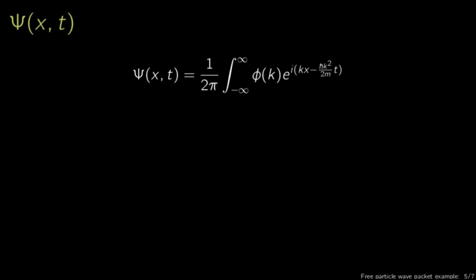So we have 1 over 2 pi times the integral from negative infinity to infinity of this phi of k that we got from the previous slide. This is going to look like sine squared of k over k squared. So we have a function of k, we have another function of k, and the integral here, which I left off in the actual notation, is dk.